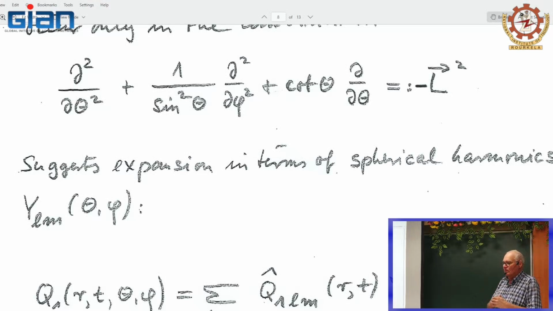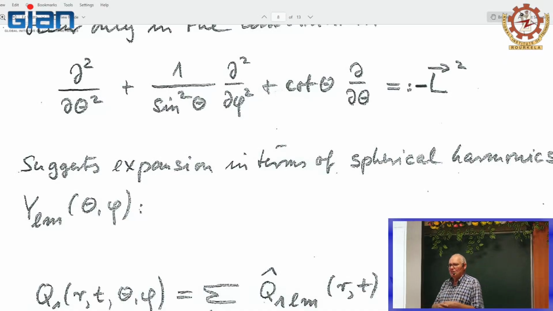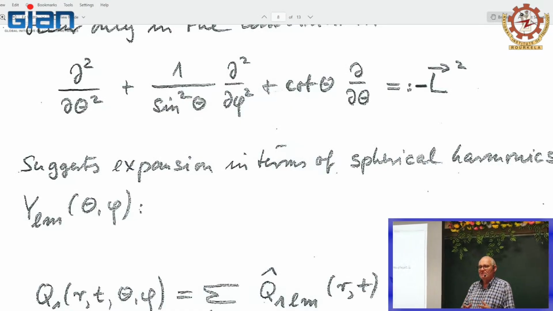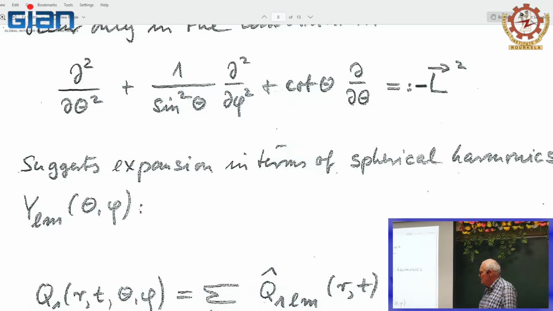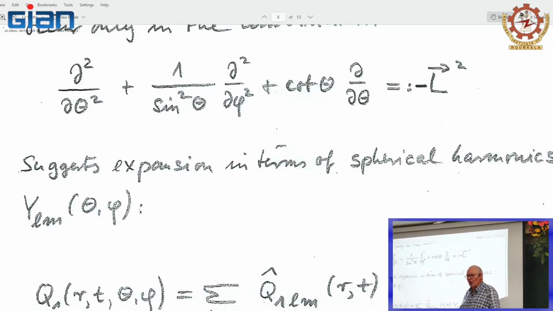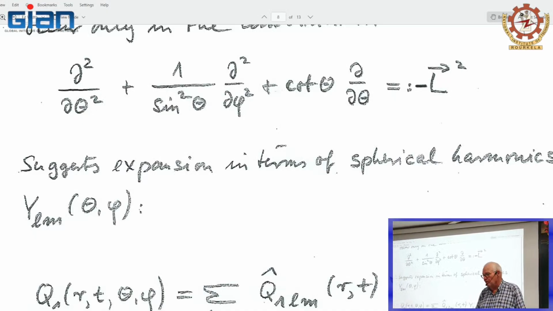A complete orthonormal system, that means we can expand any function of theta and phi in terms of these spherical harmonics, and we can represent completely any function of theta and phi by an infinite sum over the spherical harmonics.